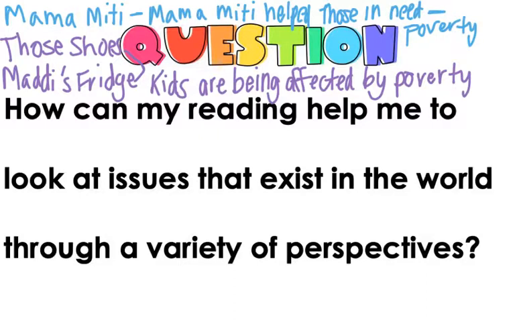So if we think about it, in the first two stories, Those Shoes and Maddie's Fridge, kids, we saw it both in Jeremy's shoes and Maddie's shoes, where they didn't have enough money for things that they needed. And then Mama Mitty kind of came up with a solution of how to help those people that needed this to be self-sufficient. Okay?